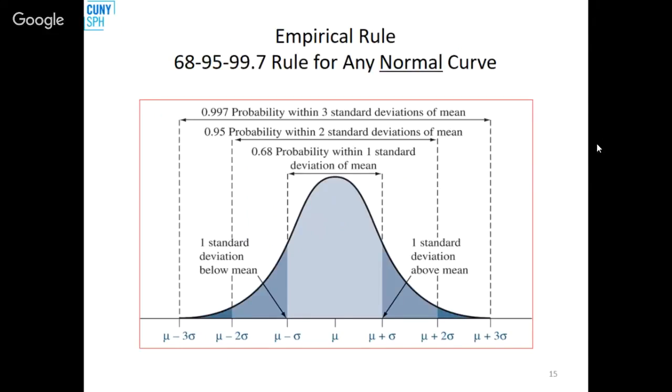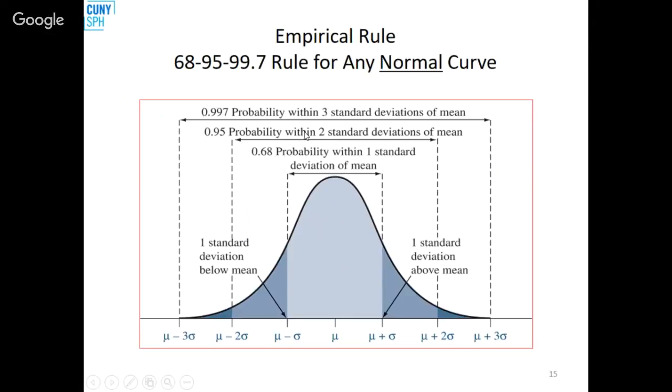Well, it turns out there's a pretty handy rule of thumb called the empirical rule that applies to any normal curve. If something is normally distributed, then within 1 standard deviation of the mean will contain 68% of your probability, or in a large sample, 68% of your observations.